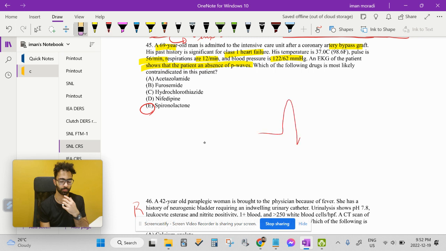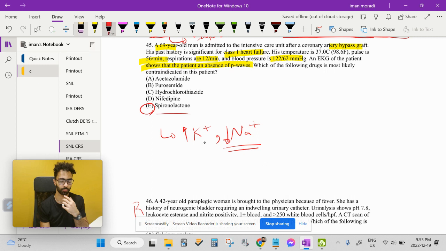So let's think about this. Spironolactone. Let me explain first what spironolactone does. Spironolactone blocks mineralocorticoids, right? By blocking that, it increases potassium and decreases Na. Since Na is mostly extracellular, when you decrease Na, you lose the extracellular compartment a little.